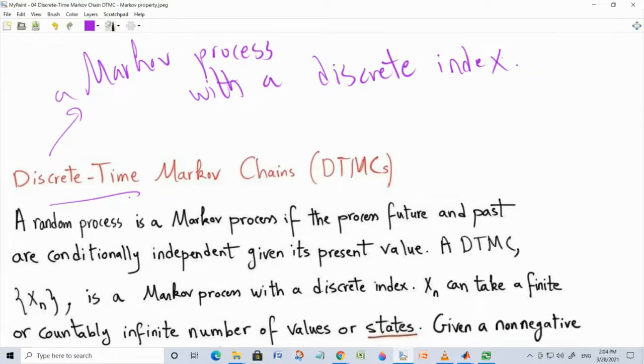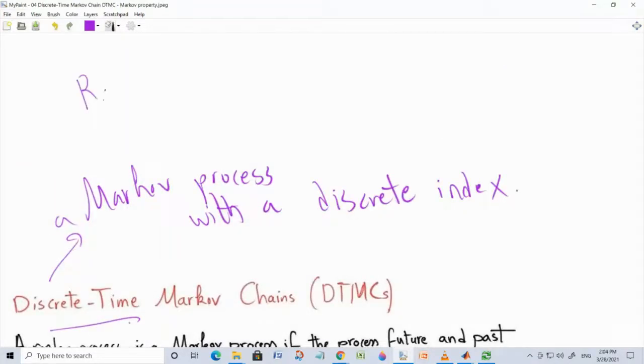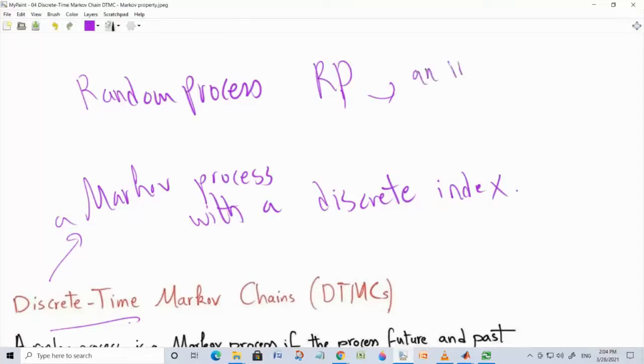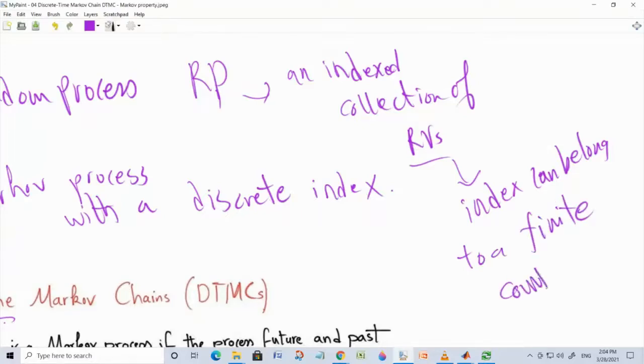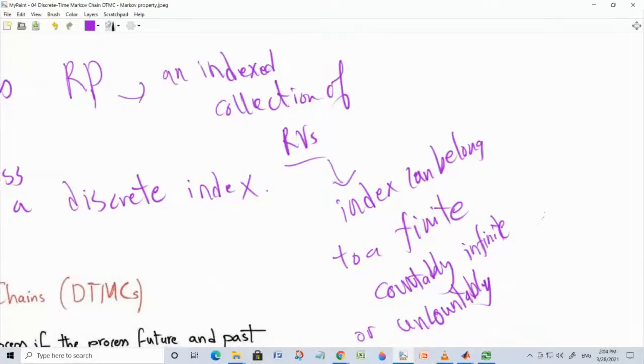Recall that a random process is an indexed collection of random variables, and the index can belong to a finite, countably infinite, or uncountably infinite index set.